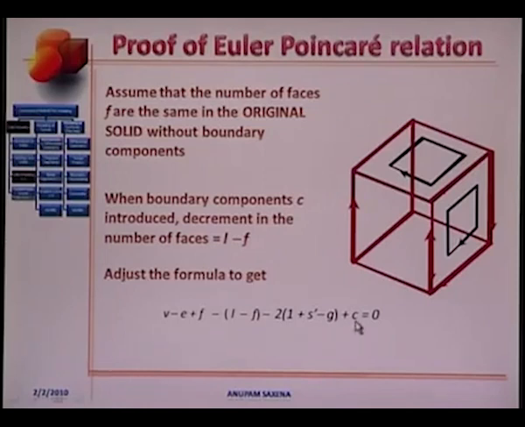Once again, each time I increase C by, say, 1, I decrease the number of original faces by the same amount, 1. I will repeat here that C is the same as the number of loops minus the number of faces.